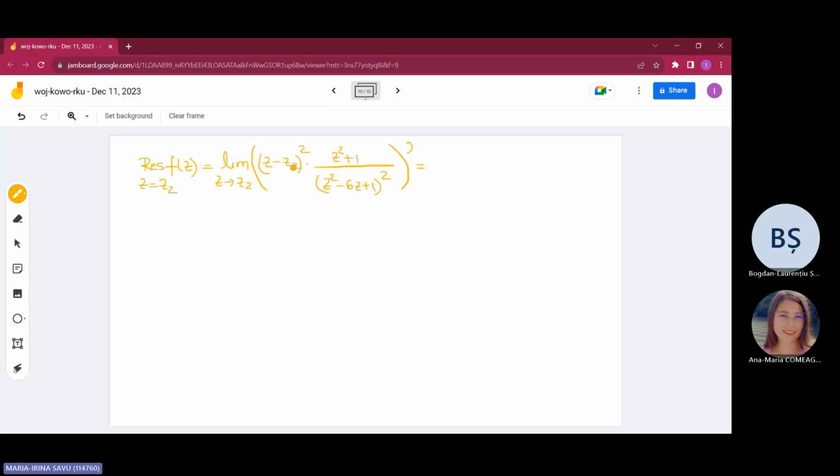How did you compute the derivative of this function? You did what first?